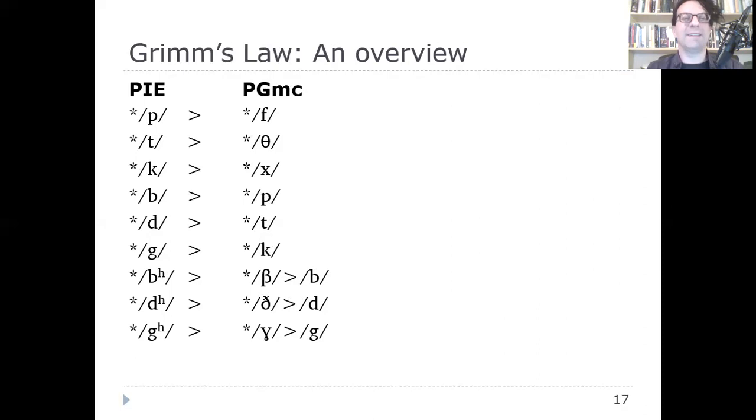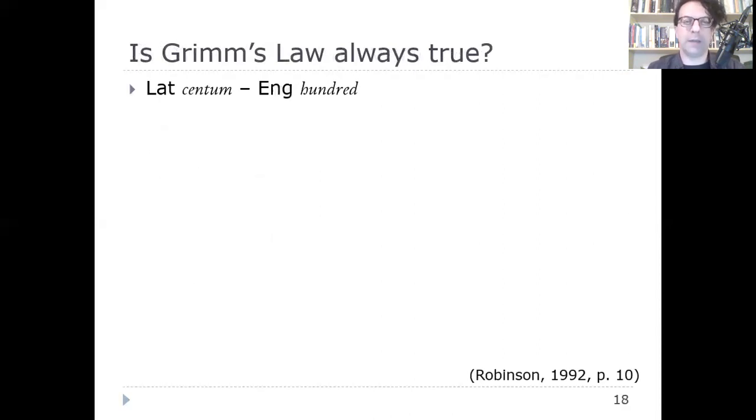Once again, the unvoiced plosives p, t, k change to unvoiced fricatives f, th, h in Germanic, and h then usually changes into an h sound in a language like English. The voiced plosives b, d, g change to unvoiced plosives in Germanic, p, t, k, and the voiced aspirated plosives, originally bh, dh, gh, in the long run became b, d, g in Germanic languages.